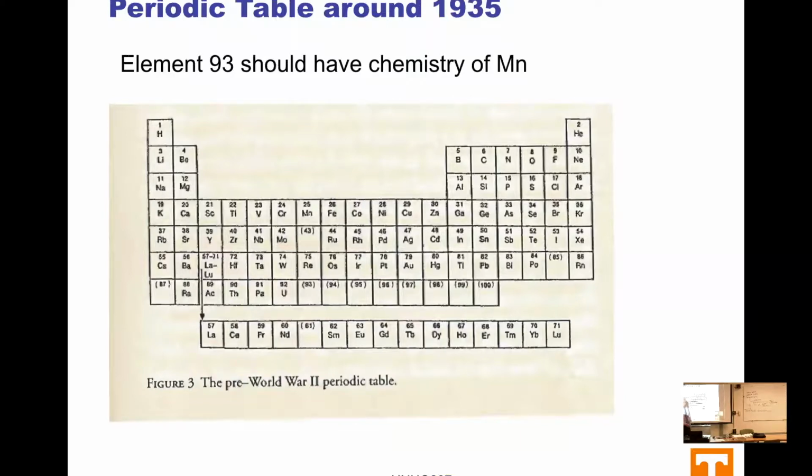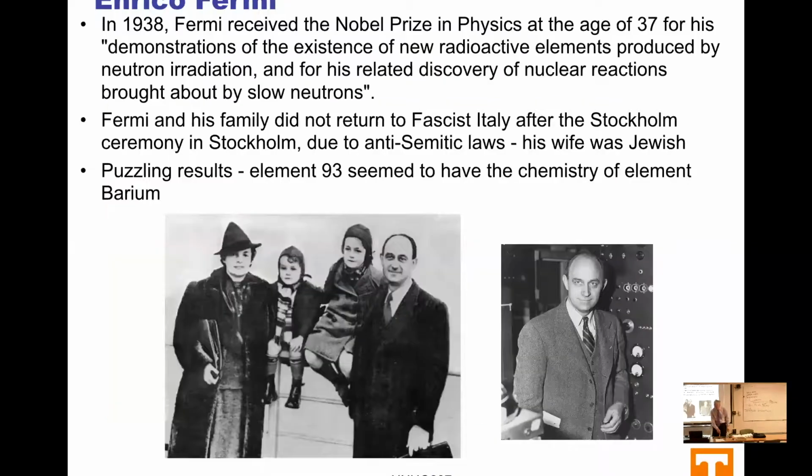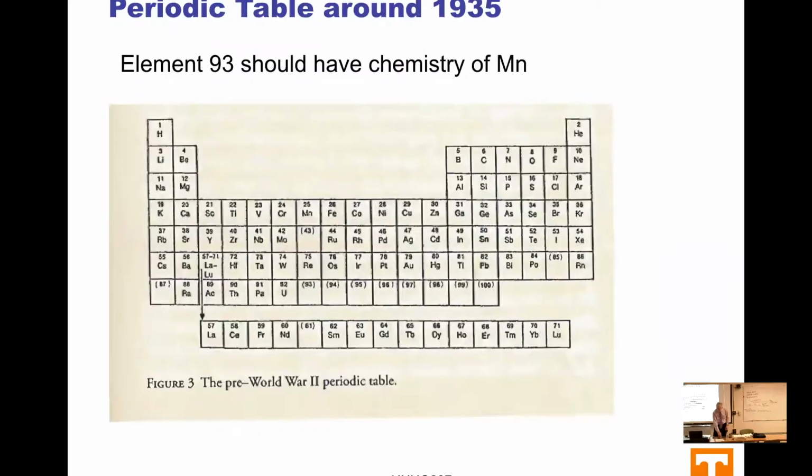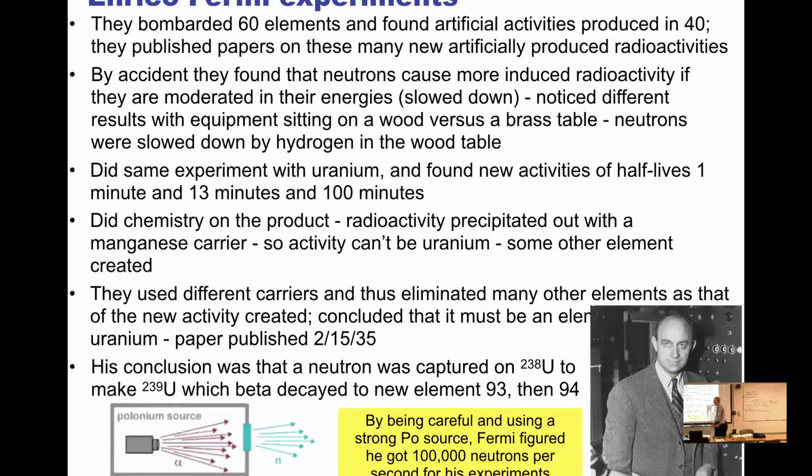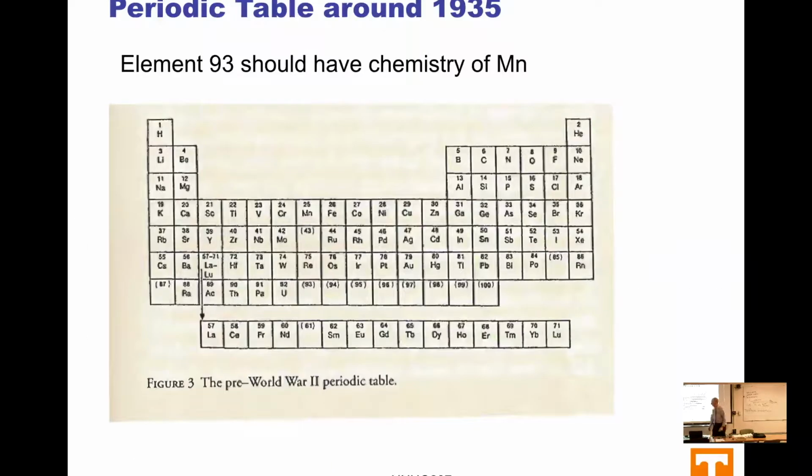But it didn't make a lot of sense. After more experiments continued, it seemed that this new thing produced had the chemistry of barium or lanthanum. And that was just impossible to understand. How could neutrons on this, probably maybe this or this, somehow produce something that had the chemistry of barium or lanthanum? It was totally beyond understanding.